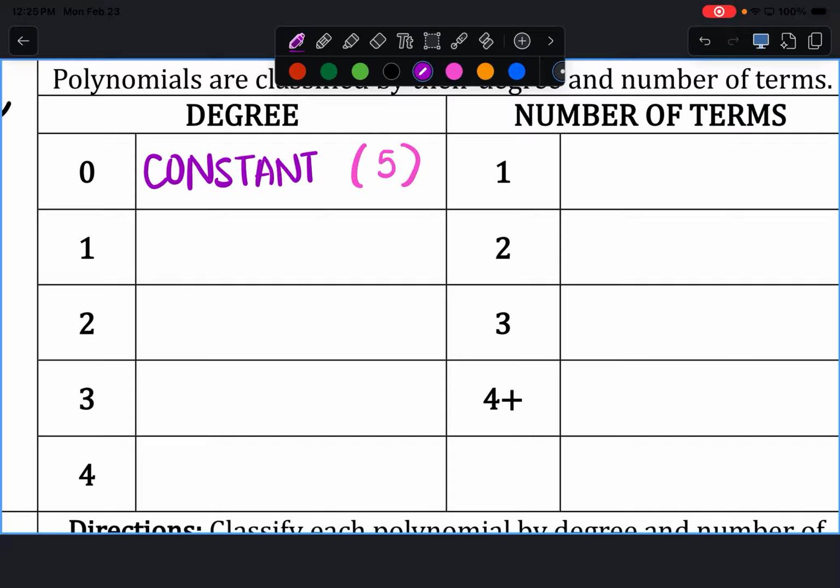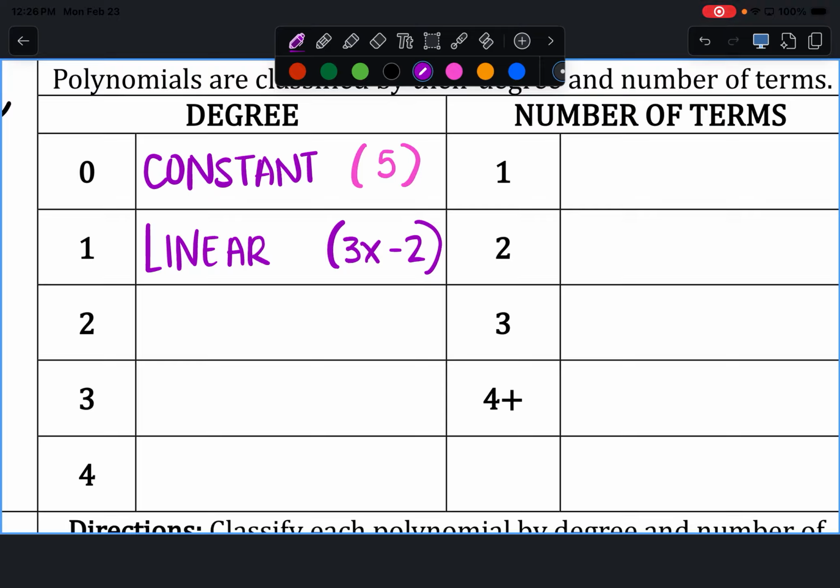If we have a degree of 1, that is a linear equation, and it could be something like 3x minus 2. Our variable has no exponent. What's the understood exponent when we don't have one? 1. It's an understood one right there. That's what makes it linear.